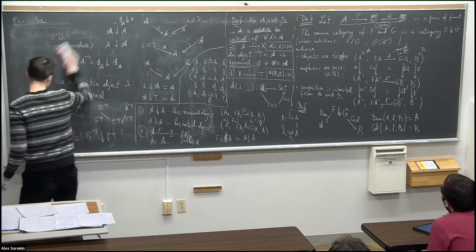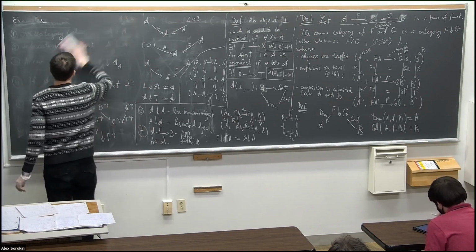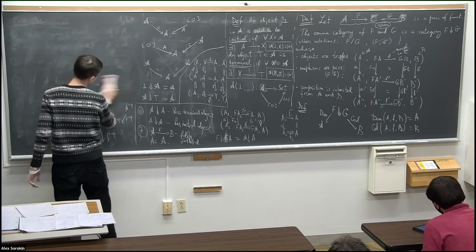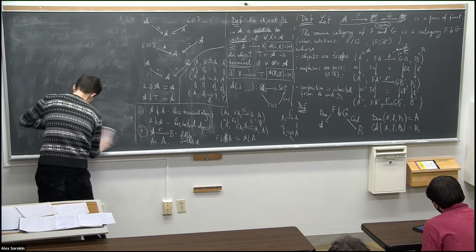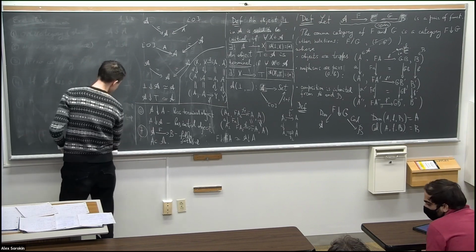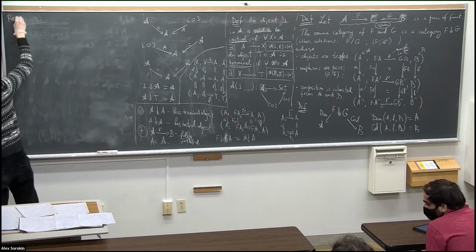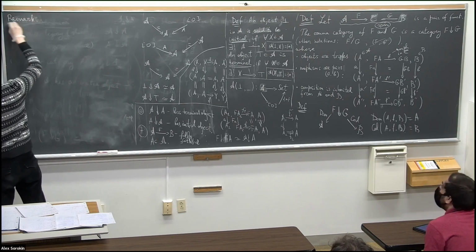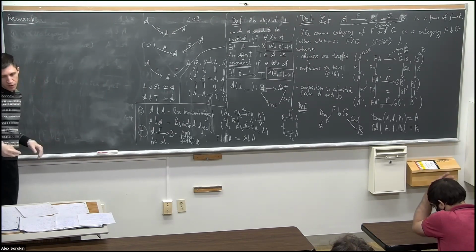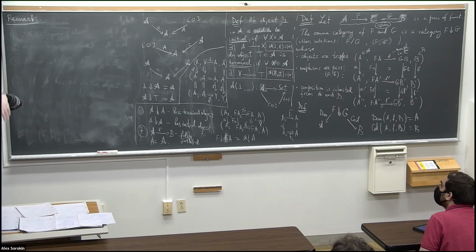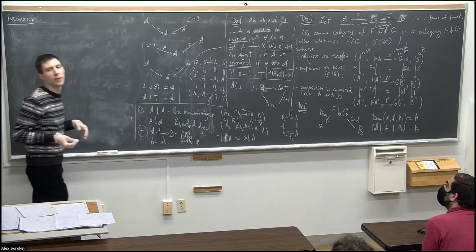Now let's go to the remark. And then let's go to category elements. It's a little jump ahead. Does everyone here know what a pullback is?